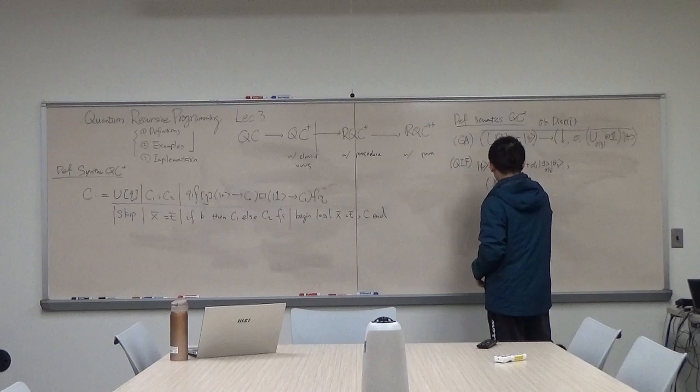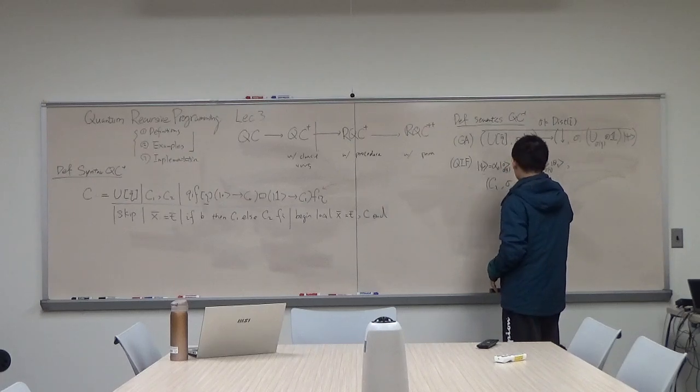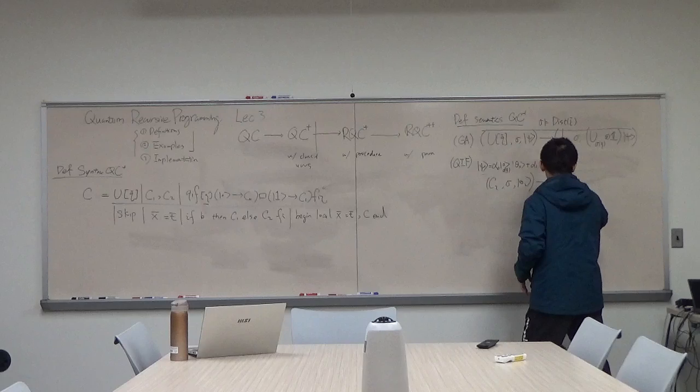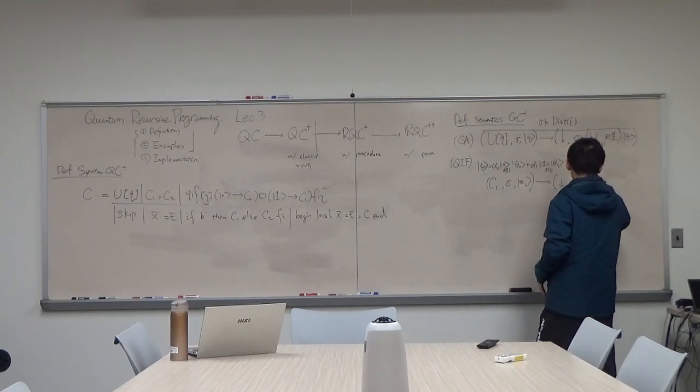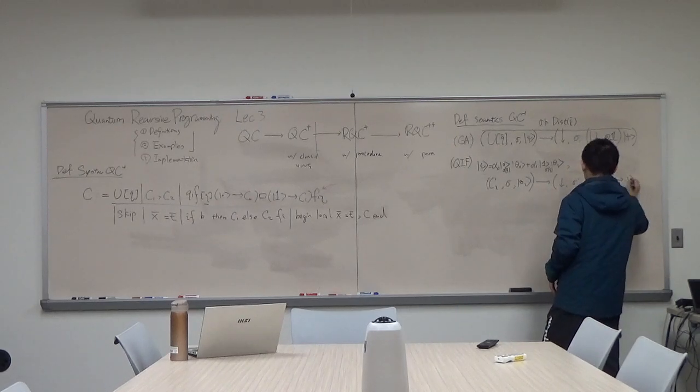And you assume each Ci will take sigma, theta i as Ci terminate, sigma prime, theta i prime, for i equals 0 and 1.